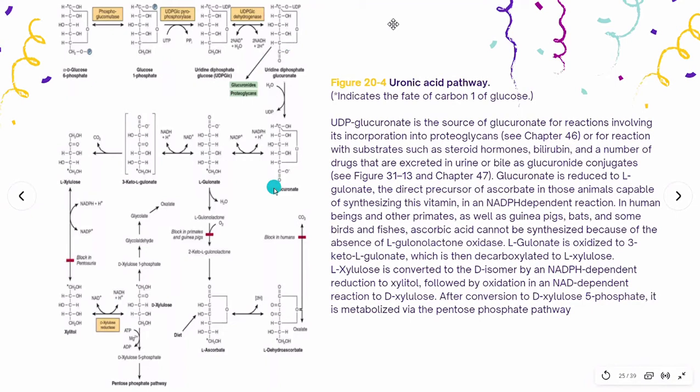So this is the product, glucuronic acid, used as a conjugate. Now, it is reduced and becomes gulonate. It is dehydrated, becomes gulonolactone.